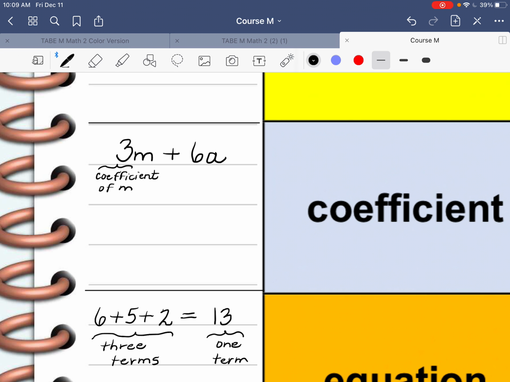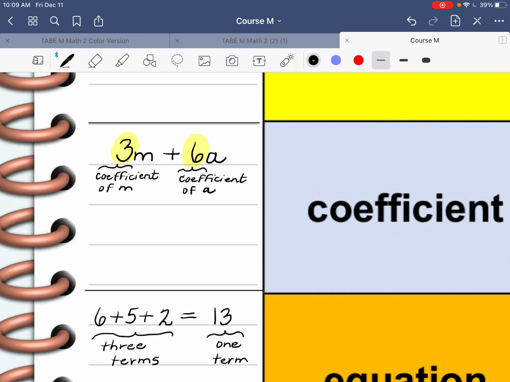And you guessed it, the 6 is the coefficient of a. So we have to call this number something. We can't just call it the number because that doesn't tell me a lot. Is it the 3 or the 6 if I say the number? So we call that number the coefficient. The 3 is the coefficient of m and the 6 is the coefficient of a.